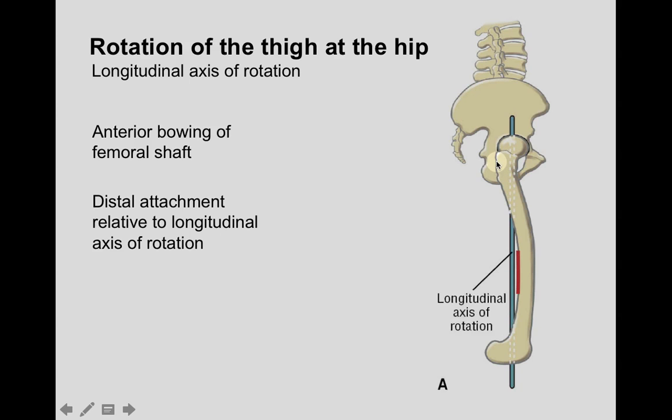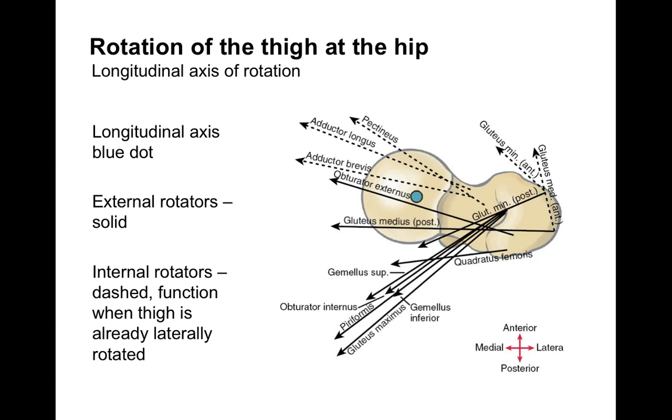So they are going to be behind the longitudinal axis of rotation, posterior in other words, so they will be lateral or external rotators of the thigh at the hip. If one of those muscles happened to be distally attached anterior to the longitudinal axis of rotation, it would then become an internal rotator. So let's look at some other examples at the lower extremity.